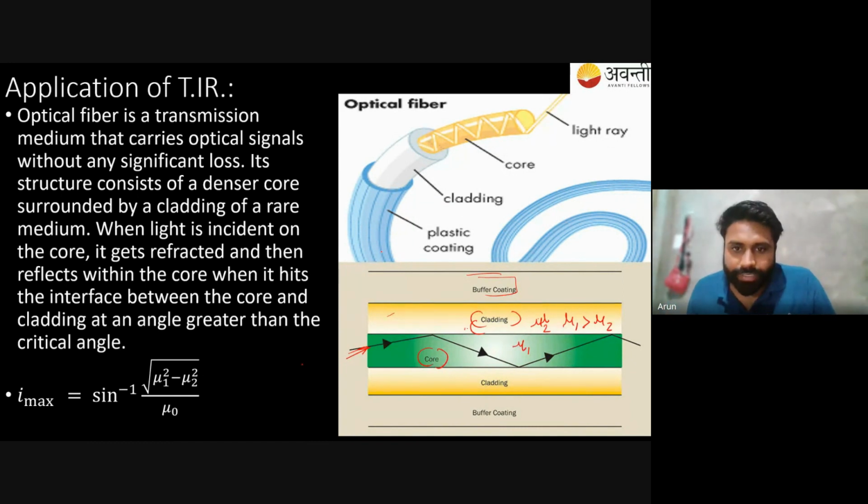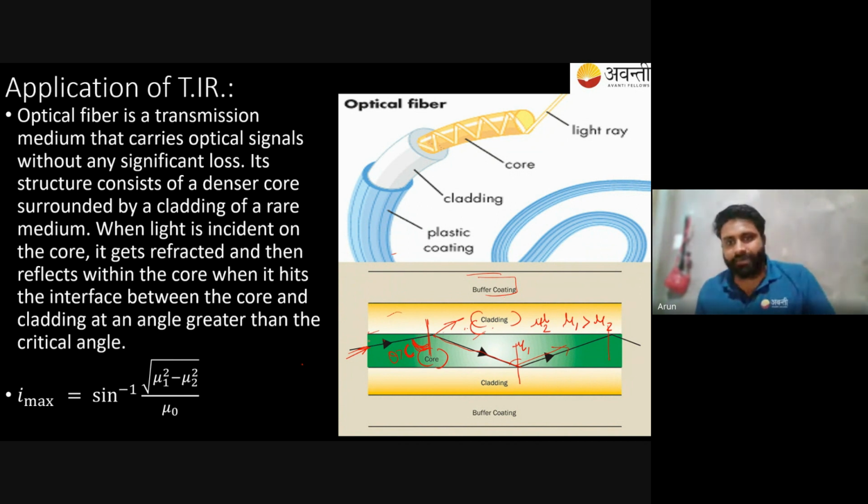So if a ray is going in, and I set a particular angle of incidence such that this angle theta is greater than the critical angle, then the ray does not go into the other medium, it gets completely reflected. Again the TIR takes place here, again here, again.